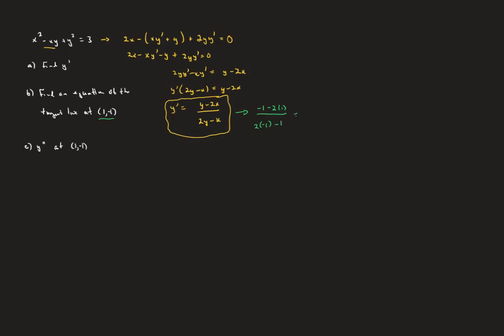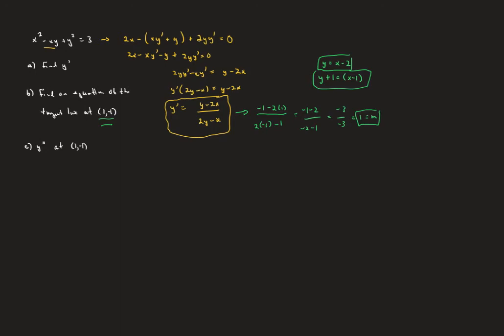So that's going to be a negative 1 minus 2 is going to be a negative 3, and a negative 2 minus 1 is also negative 3, which means our slope is going to be equal to 1. So there's our slope. Here's our point. So our equation of a line is going to be y plus 1 equals 1 times x minus 1. We can hardly resist there. We might as well go ahead and put it into slope-intercept form, but either one of those would be just fine. So there's our tangent line.